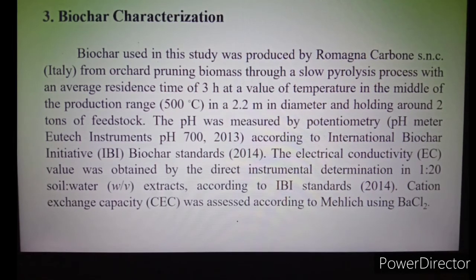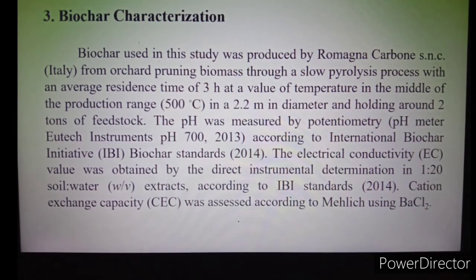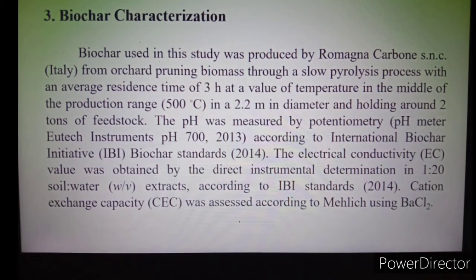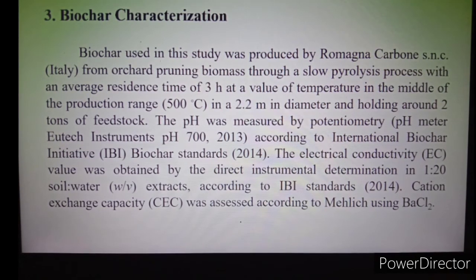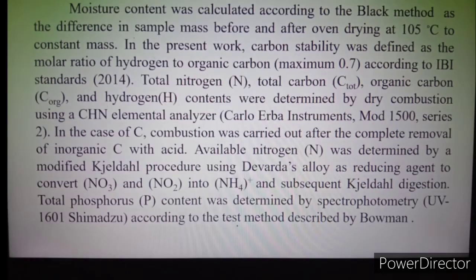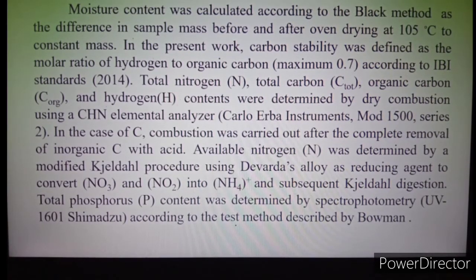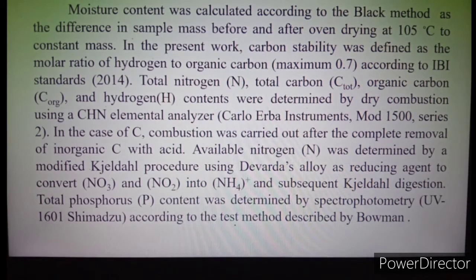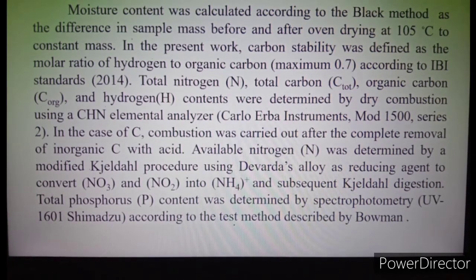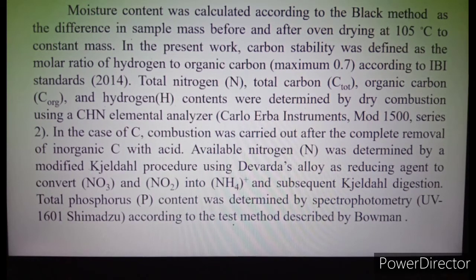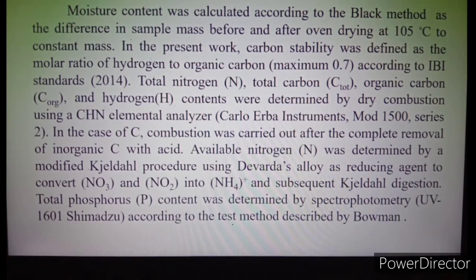Cation exchange capacity was assessed according to Mehlich using BaCl2. Moisture content was calculated according to the Black method as the difference in sample mass before and after oven drying at 105 degrees Celsius to constant mass.